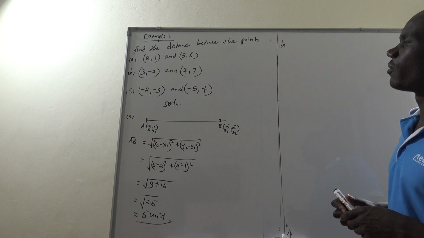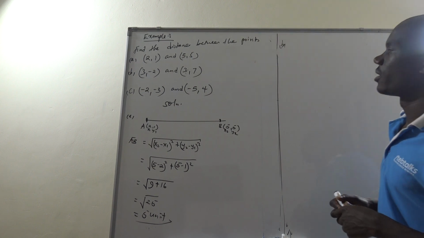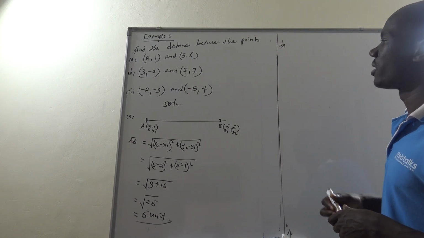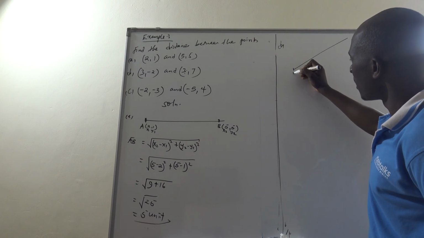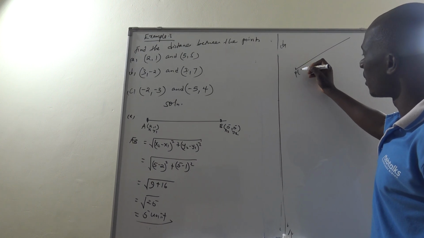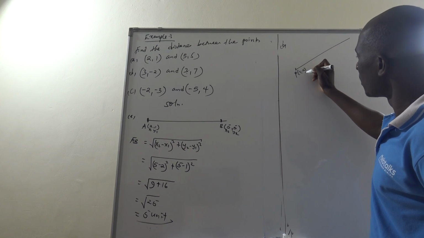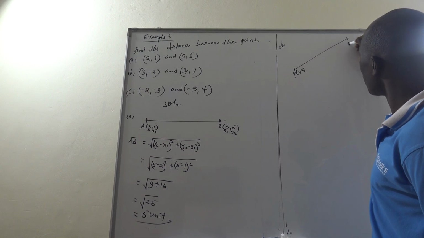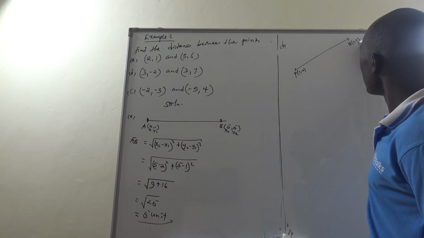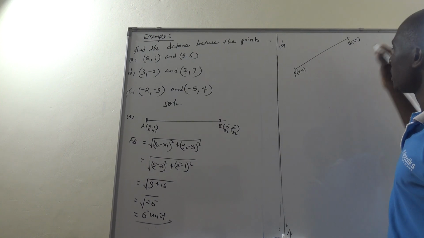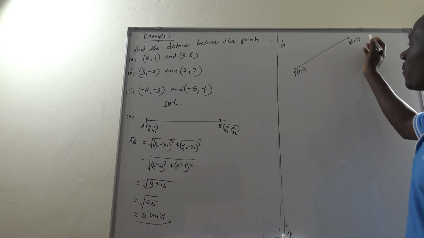We are still moving on to part B. Still the same, I've got the 2 points, 3, -2 and 3, 7. So if I have this line as PQ, with P given as 3, -2 and Q as 3, 7, how do we get that length? We want to know the distance from here to there.